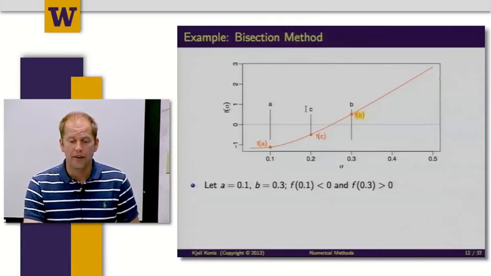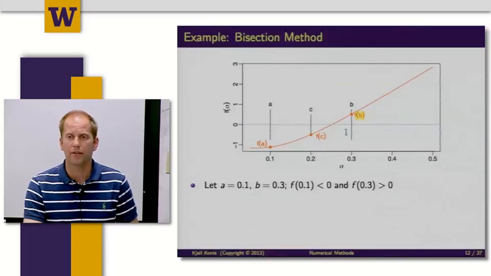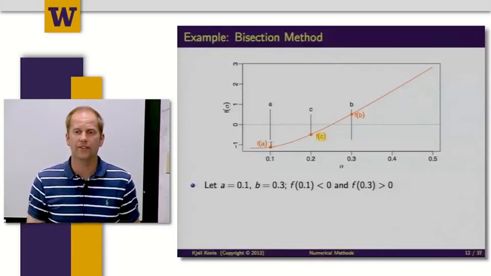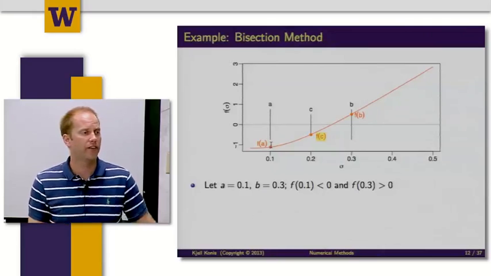Then I evaluate the function at a point c that's halfway in between, at the midpoint of the interval. In this case, f(c) is less than 0. Since f(c) has the same sign as f(a), the chunk of the interval from a to c is the part I want to chop off and throw away.